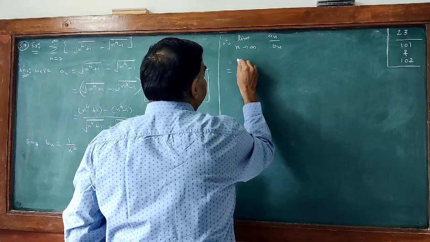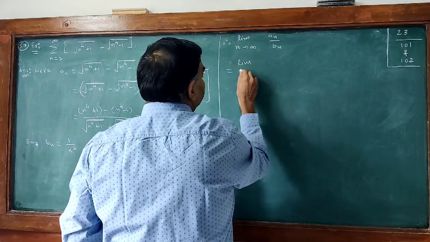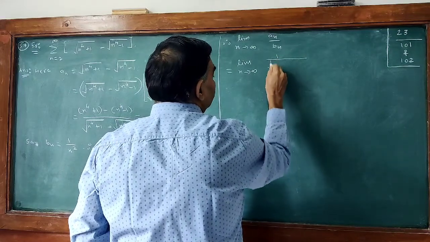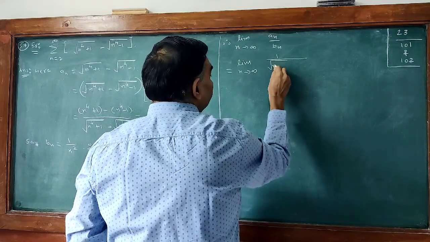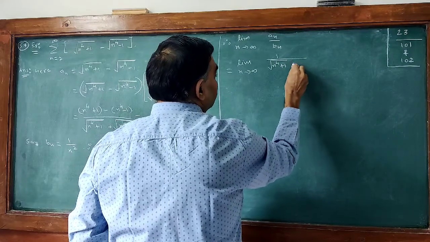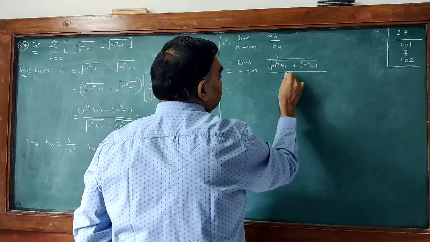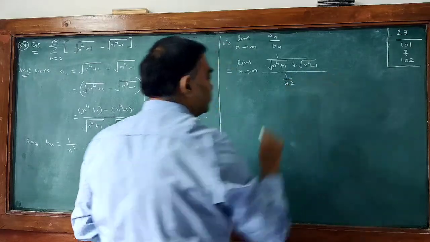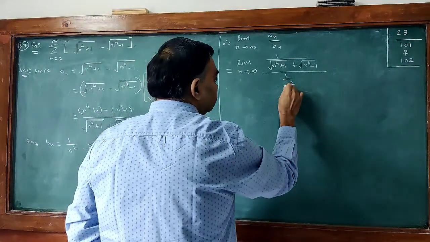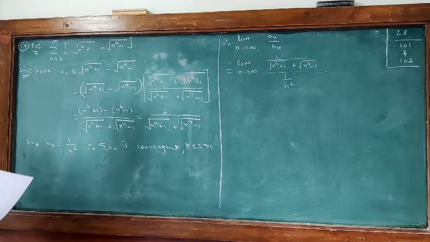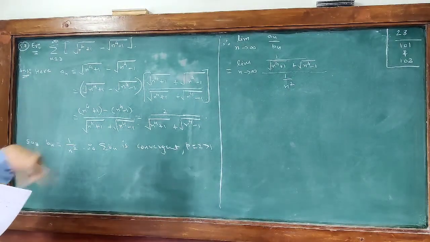Limit n tends to infinity 1 upon square root of n raised to 4 plus 1 plus n raised to 4 minus 1 upon 1 upon n square. We have written the values of an and bn, let us simplify.